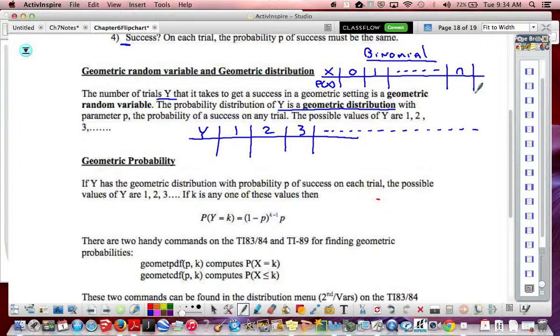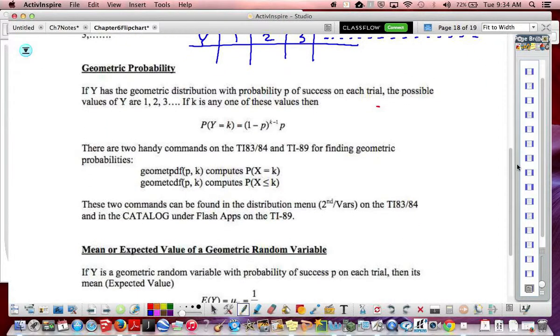So how do you calculate out the probabilities? We'll show you how to do it by hand, and we'll show you how to use the calculator. By hand, I actually find the geometric probabilities sometimes faster than doing the calculator one, depending on which ones you're given.